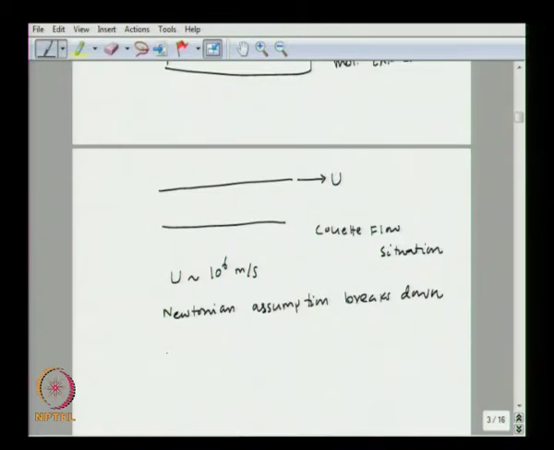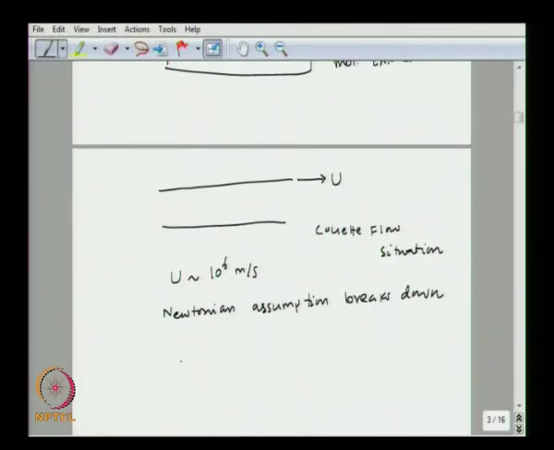But such speed is not possible at macro scale. To achieve a velocity of 10 to the power 6 meter per second is not possible at micro scale. So, the conclusion is that for most micro scale flows we can assume the fluid to be continuous.